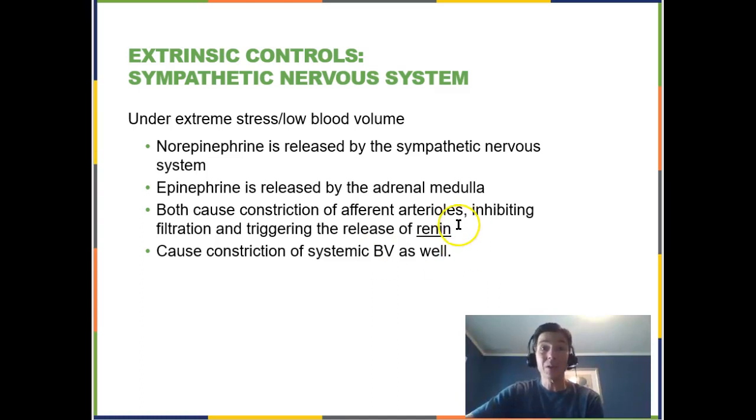It can also cause the release of renin and the constriction of your afferent arteriole. So your sympathetic nervous system can constrict your afferent arterioles, reduce your glomerular filtration rate, and trigger the release of renin, which is going to cause all that other stuff to happen that we talked about that keeps your blood pressure high enough.